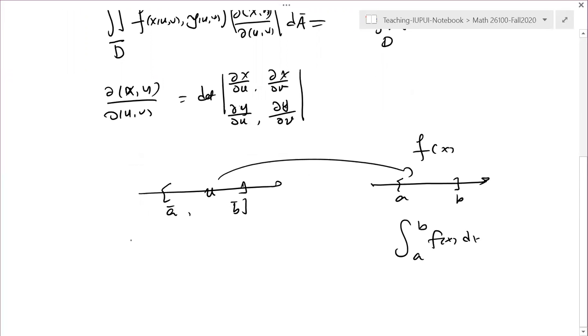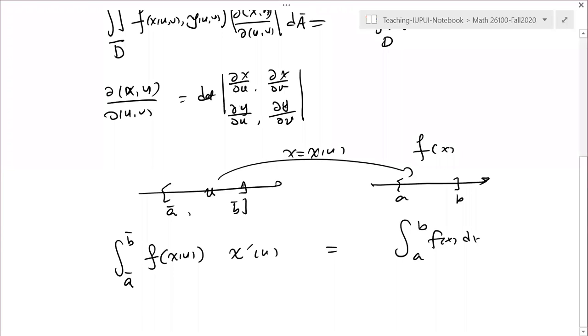So x is x of u. We have the integral from a bar to b bar of f of x of u, but we also have the derivative of this.